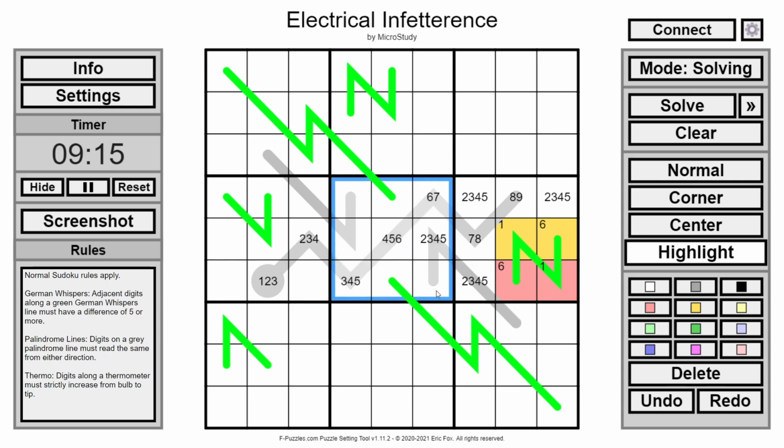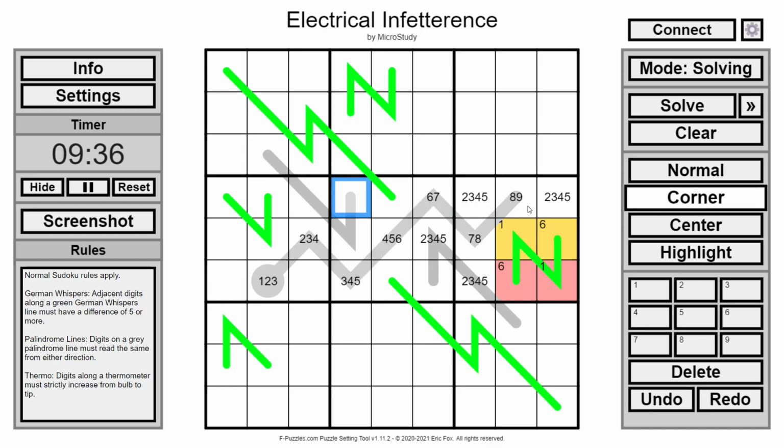Okay, so we do need a lot of high digits here. Where could we put a 9 in this box? I'm just trying to think of what happens. If we put a 9 here, that means this isn't a 9.